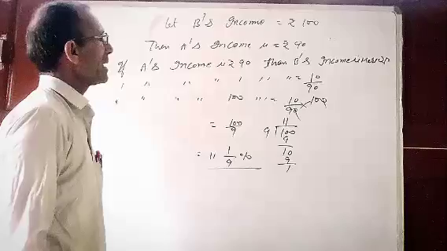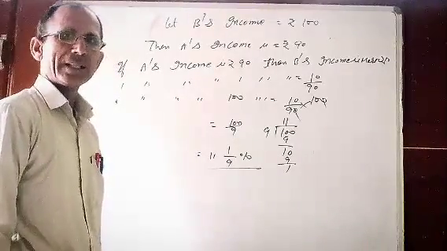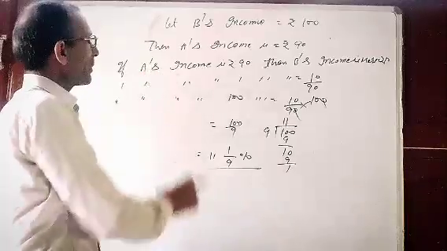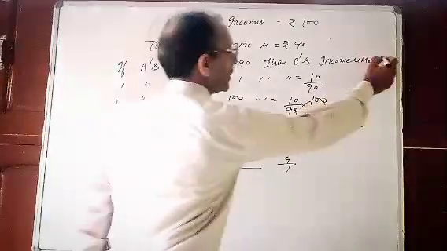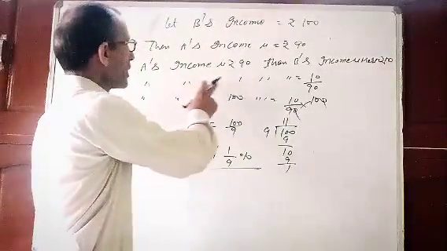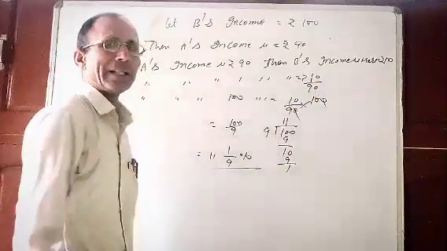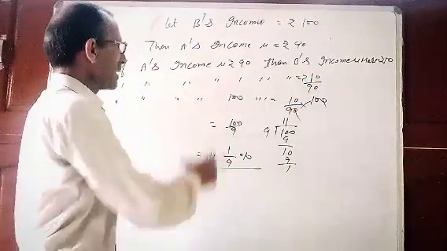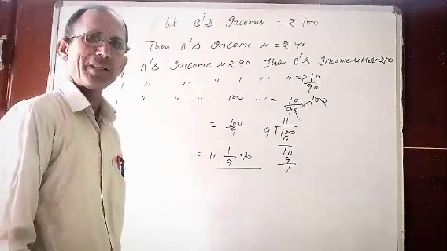Then A's income is rupees 90 because of 10% less. Then B's income is more by rupees 10. If A's income is rupees 1, then B's income is more by 10 by 90 rupees. So if A's income is 100, then B's income will be 11 and 1 by 9% more.